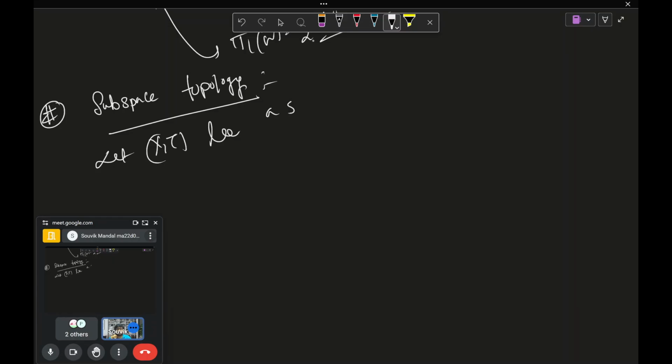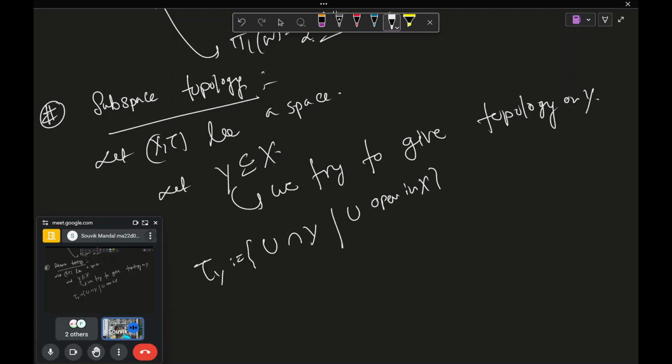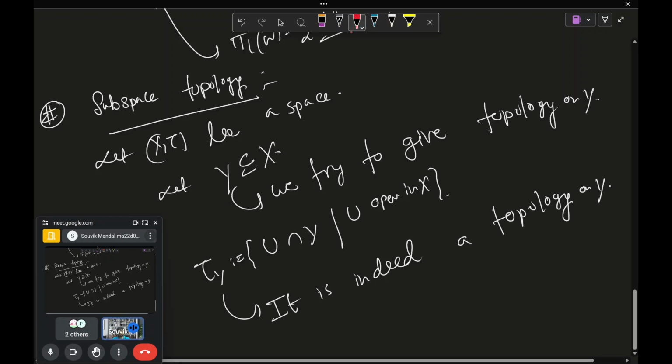Let (X, tau) be a space and let Y be a subset of X. Now we are trying to give a topology on Y. We define tau Y to be the collection of U intersection Y, where U is open in X. Check that it is indeed a topology on Y. So in the subspace topology, we have some bigger space, we take a subspace, and we define the open sets of the subspace to be all possible open sets of X intersected with that subspace.